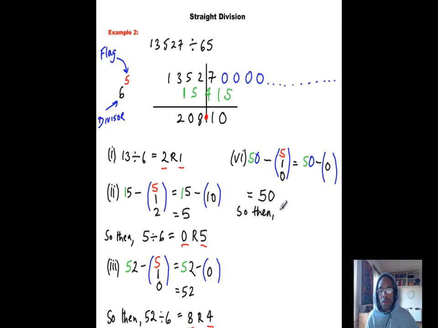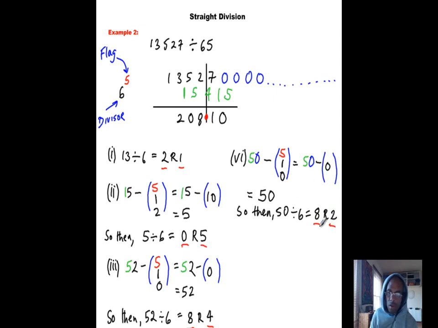we say 50 divided by 6. Well, 6 8s are 48, and leaving a remainder of 2. So that's 8, remainder 2. Put that in like this.